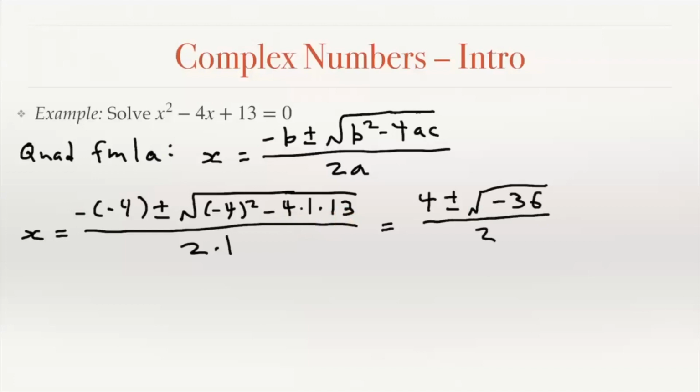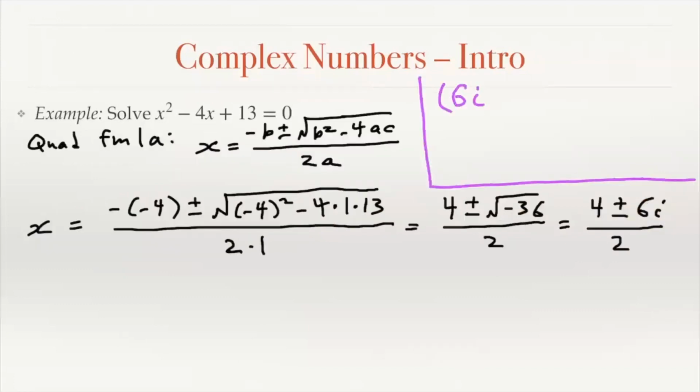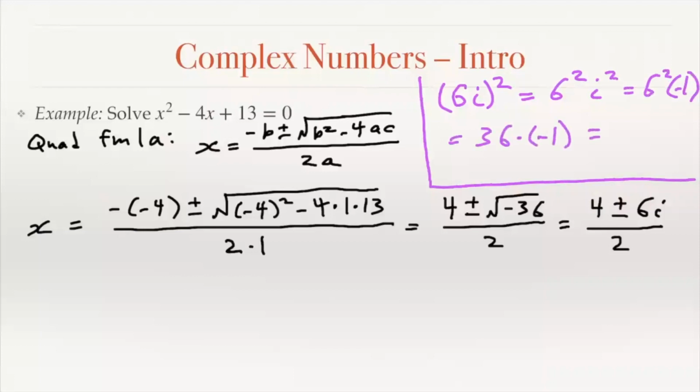And the square root of -36 is 6i. As you can verify, because 6i squared, let me write this up here. So what is 6i squared? Well, that is 6 squared times i squared, but i squared is -1. So this is 36 times -1 is -36. So since 6i squared is -36, square root of -36 is 6i.